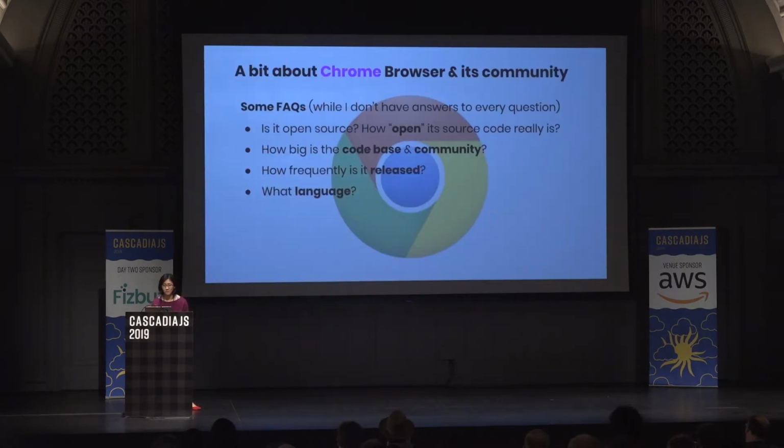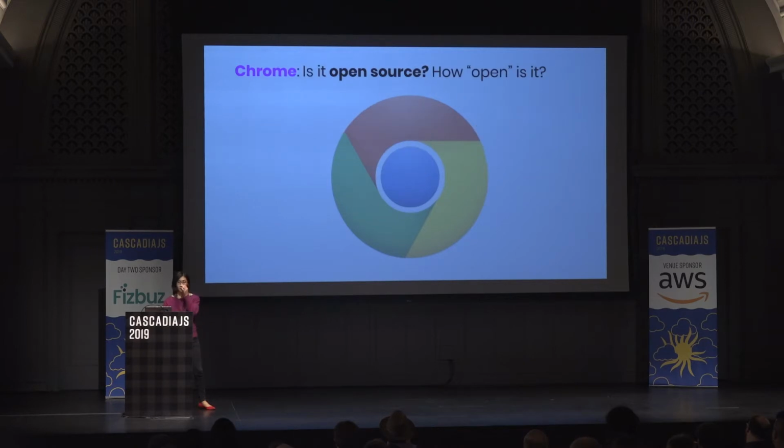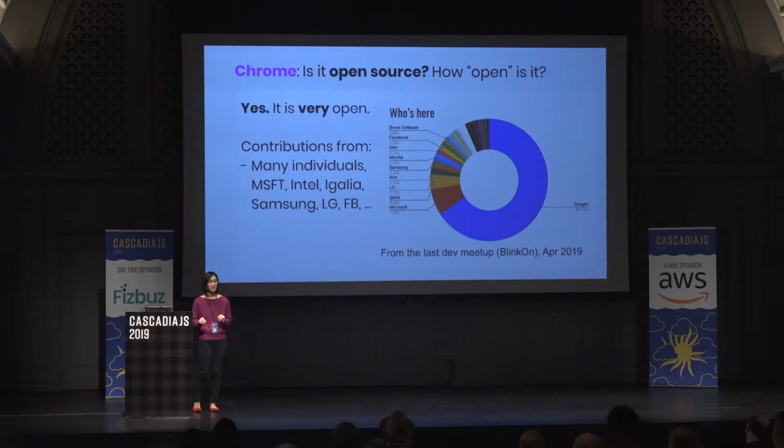Oops. Sorry, something broke. OK, so let me talk a little bit about Chrome browser, because I often get some questions. I can't answer everything, but I can try my best. So first question. Chrome browser is supposed to be open source, but people often ask if it's real open source or not. I'd say yes. Every code I write in review is public.